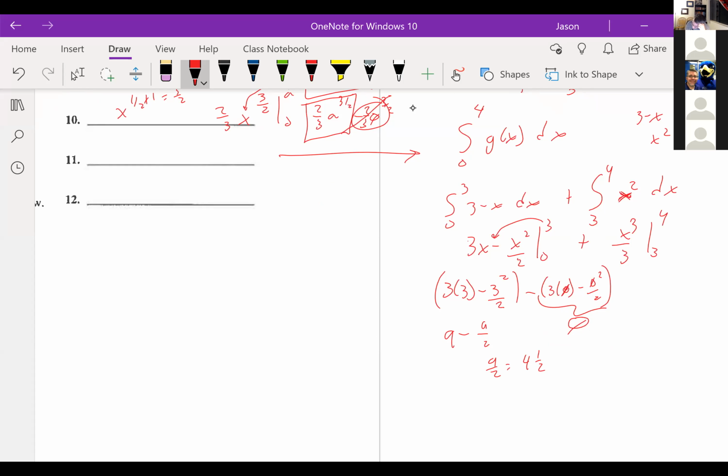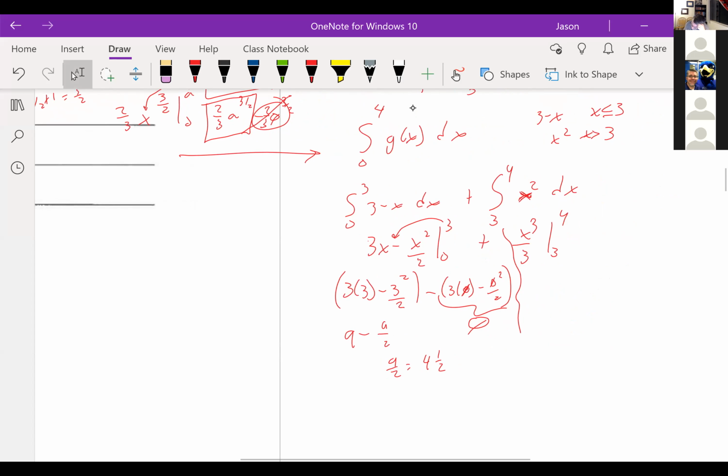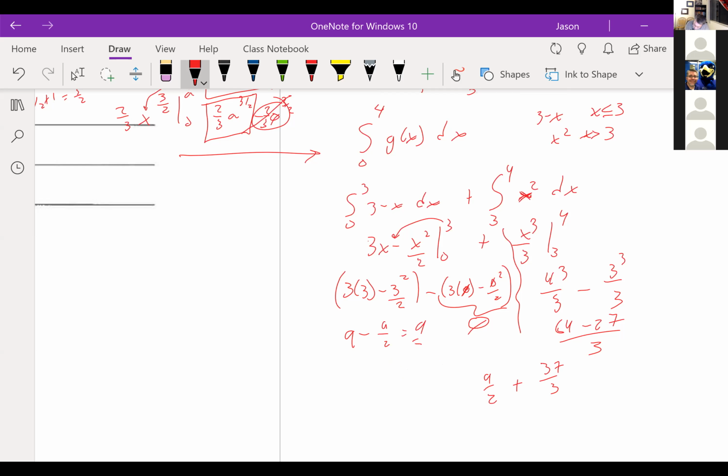So what's this going to be over here? Let's separate this. This is going to be 4 cubed over 3 minus 3 cubed over 3. So that's 64 minus 27 over 3. What's 64 minus 27? It's 37. So this is 37 thirds. So this is 9 halves plus 37 thirds. I don't need the 4 1/2. This is just 9 halves.